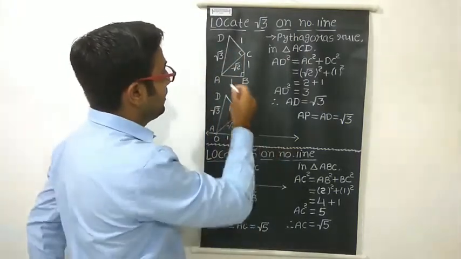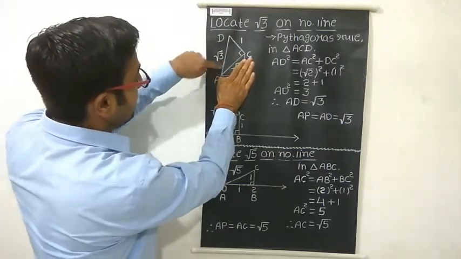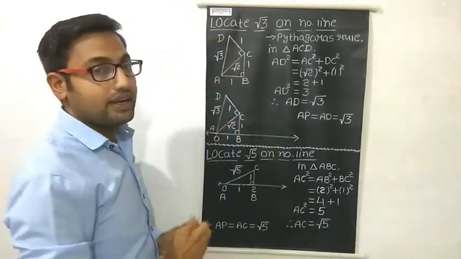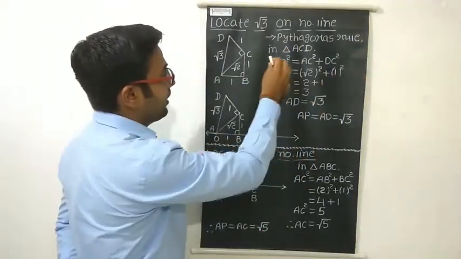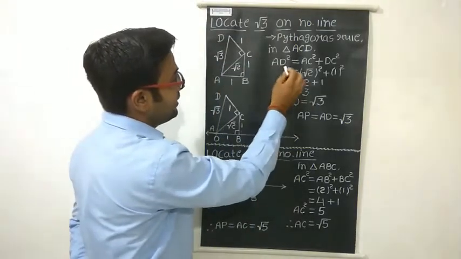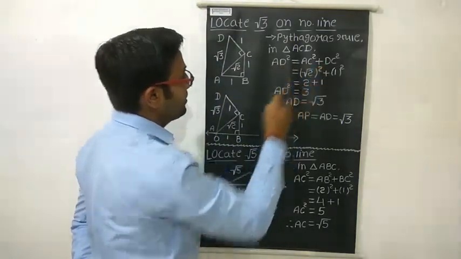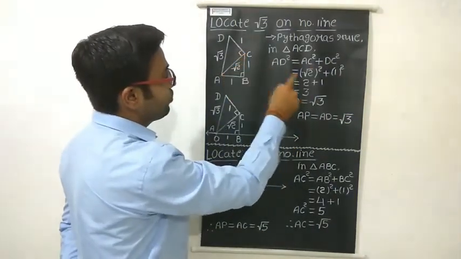How? See here. ACD is again a right angle triangle, so we can use the Pythagoras rule. In triangle ACD, AD is the hypotenuse. AD square is equal to AC square plus CD square. Now what is AC? AC is root 2.